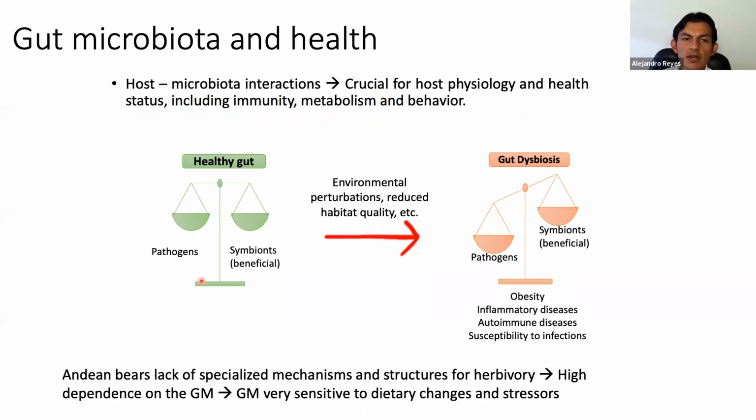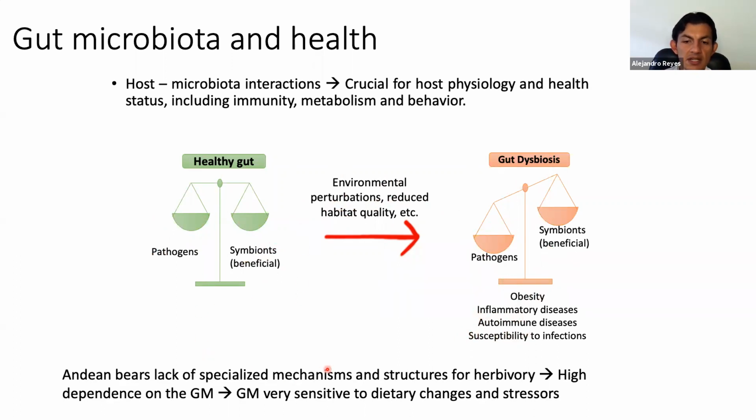In general, a healthy gut microbiota will contain a balance between pathogens and symbionts, but with different environmental perturbations and reduced habitat quality, this can bring a gut dysbiosis where there will be an imbalance between those different microbial species, also leading to diseases like obesity, inflammatory disease, autoimmune disease, and susceptibility to infections.